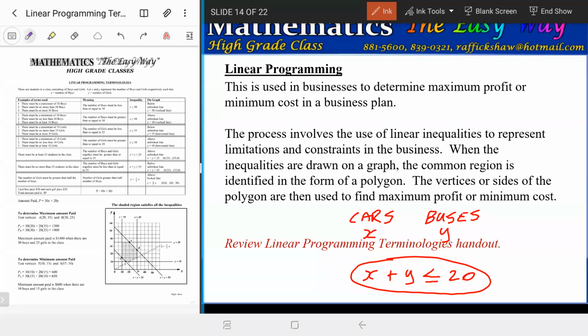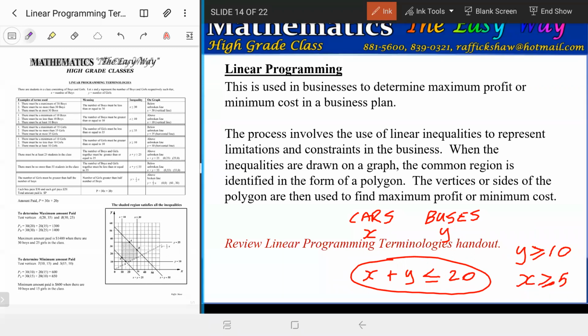What that means is the number of buses, which is Y, will have to be at least 10, meaning greater than or equal to 10. That's another inequality, right? They might say to you, okay, if I'm going to ship the vehicles within the next month, then the number of cars will have to be at least 5. We get another inequality, that X has to be at least 5, right?